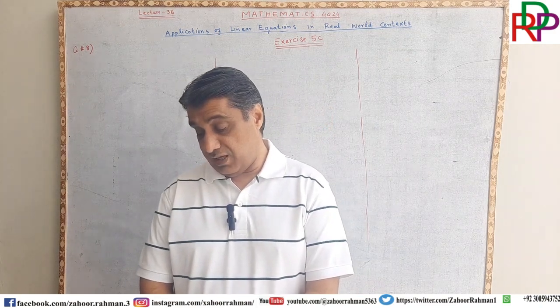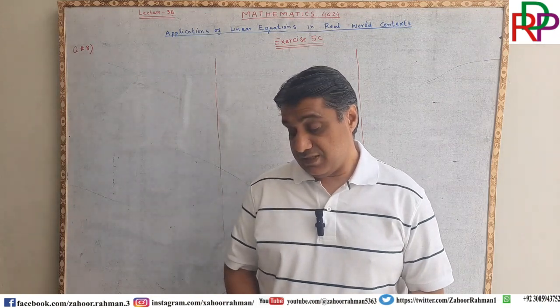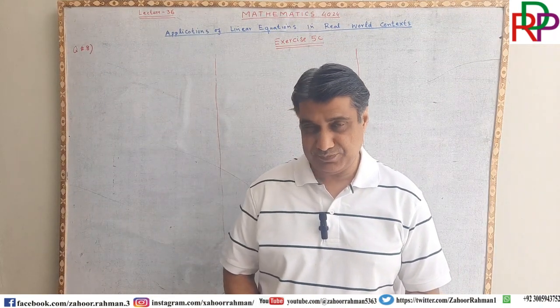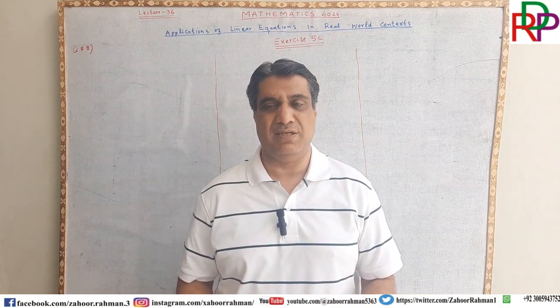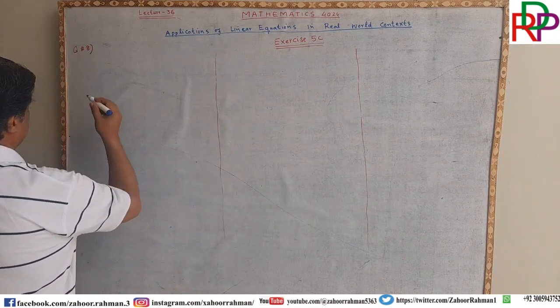The sum of half of a number. Ladies and gentlemen, the sum of half of a number. We don't know what the number is, so let us take that number to be x.